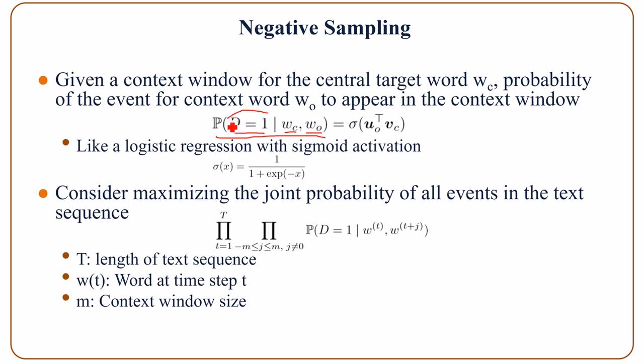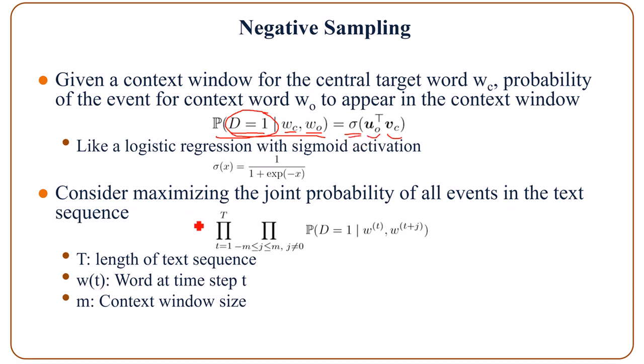D equal to 1 means the context word WO appears in the context window. So this is a function of the two word representations, UO and VC. We use the sigmoid activation to model the probability.